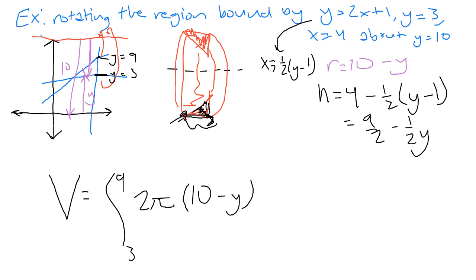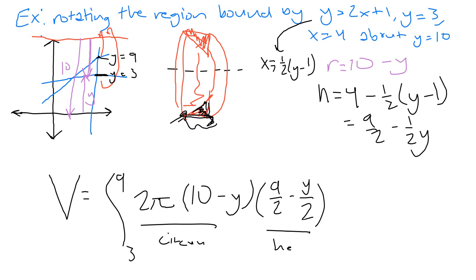Then we have our height piece, which is 9 over 2 minus y over 2. And of course we have our dy, which is our thickness.